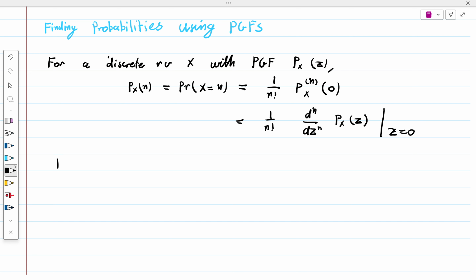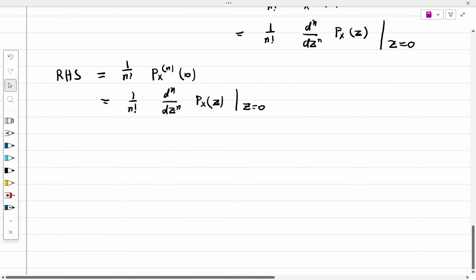So, we've already discussed the right-hand side is 1 on n factorial times the nth derivative of Px, evaluated at 0, which is 1 on n factorial dn on dz to the n of the probability generating function evaluated at z equals 0.